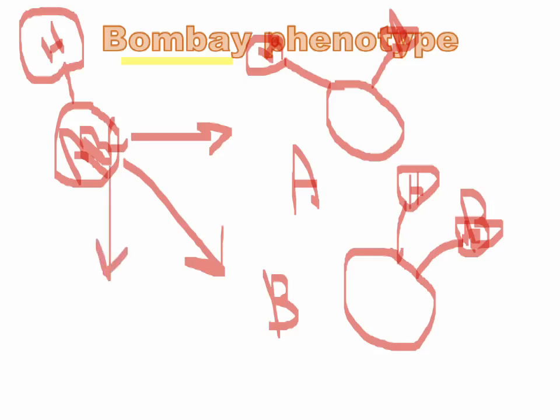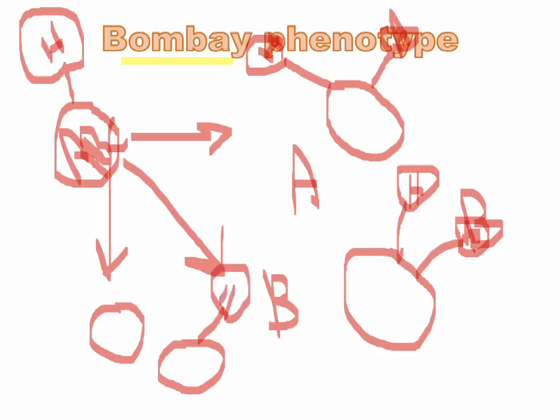For someone who is O blood type, you will find on the surface of the RBC the H antigen only. So here the precursor or the starting material of the A and the B antigen will remain as it is. It will not be converted to the A or to the B antigen.